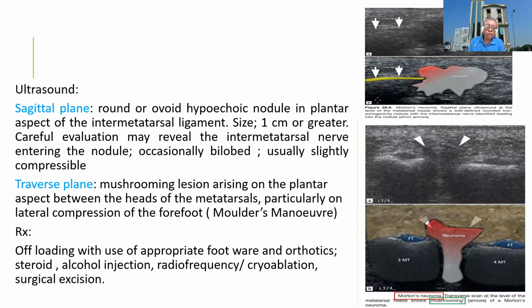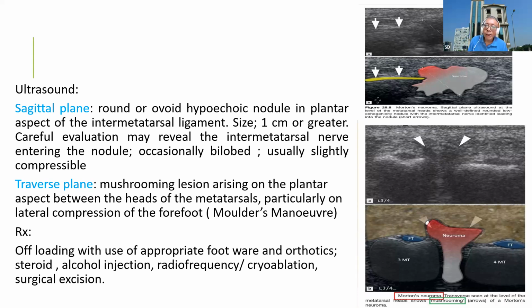Here the treatment is basically, initially, we have to choose appropriate footwear. We have to tell the patient not to use closely fitting or closed shoes, and to wear shoes which have a wider anterior aspect. There are specially designed shoes for these kinds of people, but they are a bit expensive.